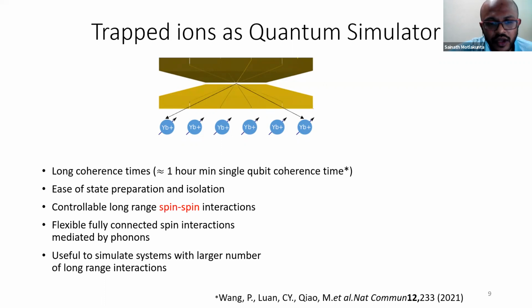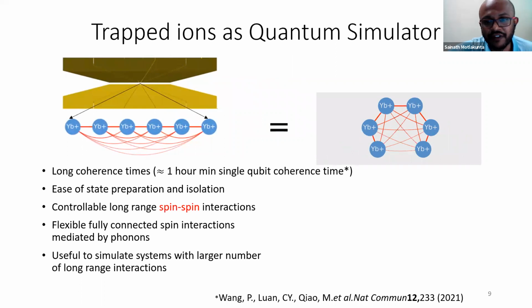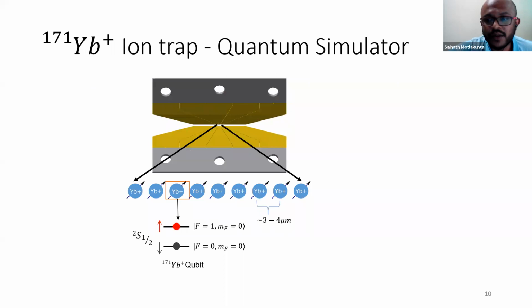Due to long-range interaction, this system is equivalent to a fully connected graph. So this means that you can perform entangling operations between any arbitrary pair of ions, not just nearest neighbor, in contrast to, let's say, other cold atom realizations. So our quantum simulator consists of a linear chain of 171Yb ytterbium ions in a Paul trap.